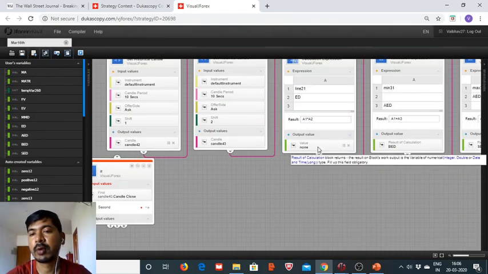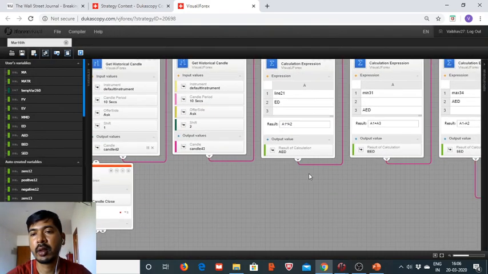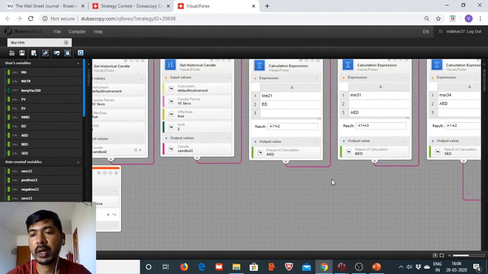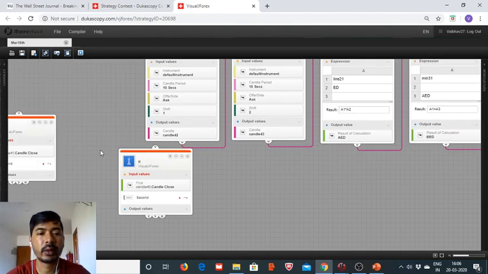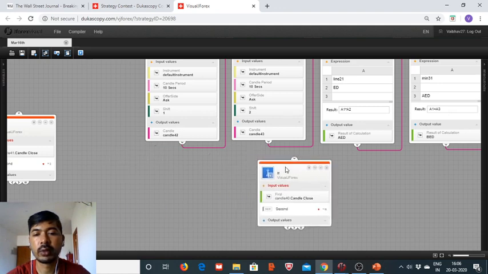This result will be 20% of the ATR, and then we are going to add this to the minimum value, and we will get the buy execution difference, and then we will compare the two candles' close.